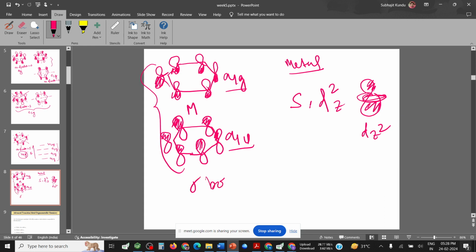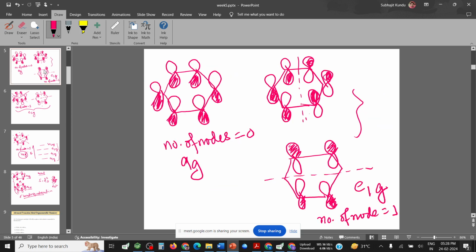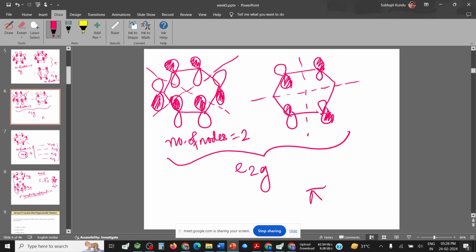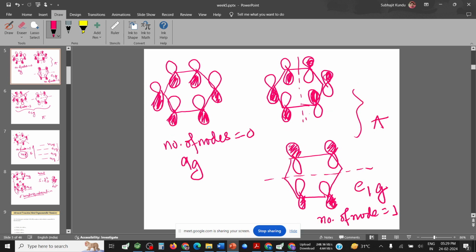interact with the metal, and this gives rise to the sigma bonding interaction. In the same way, these two orbitals will form the pi interaction with the metal. Also these E2G orbitals form a pi interaction with the metal. So now we have the other combination of E2G.